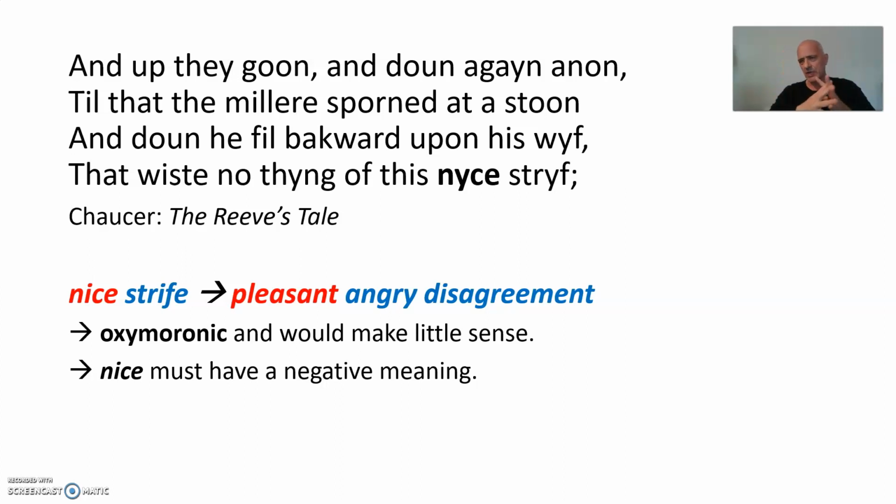Disagreement, I looked that up too, angry disagreement. But if you apply nice to this angry disagreement, it doesn't make quite sense. How can an angry disagreement be pleasant? A pleasant, angry disagreement. It's oxymoronic.